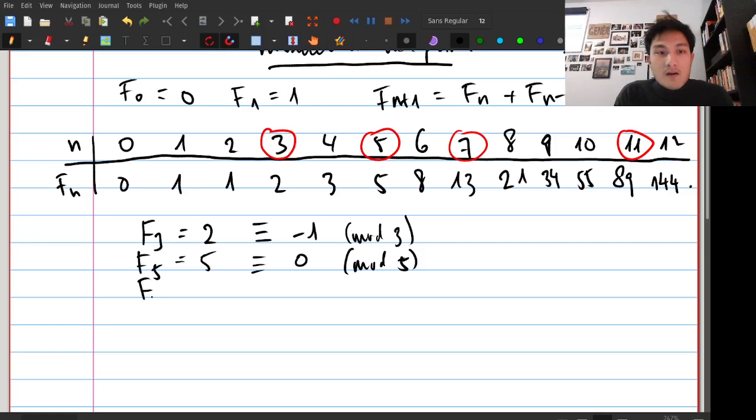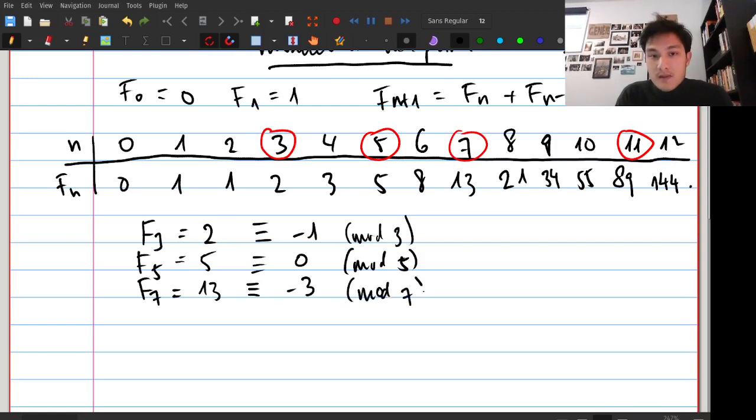So now look at F7. F7 is equal to 13, which is, again, minus 1 modulo 7. And then, 9 is not prime. F11 is equal to 89, which is congruent to, well, 88 is 0 because it's a multiple of 11. So 89 has to be 1. And I don't know why I wrote minus 3 here. I said minus 1 and I wrote minus 3.